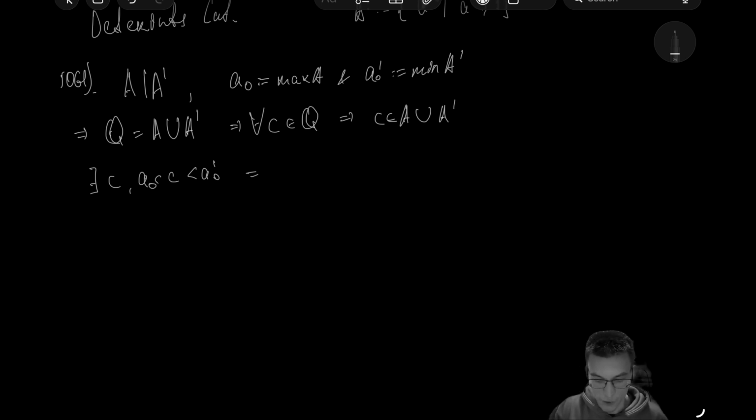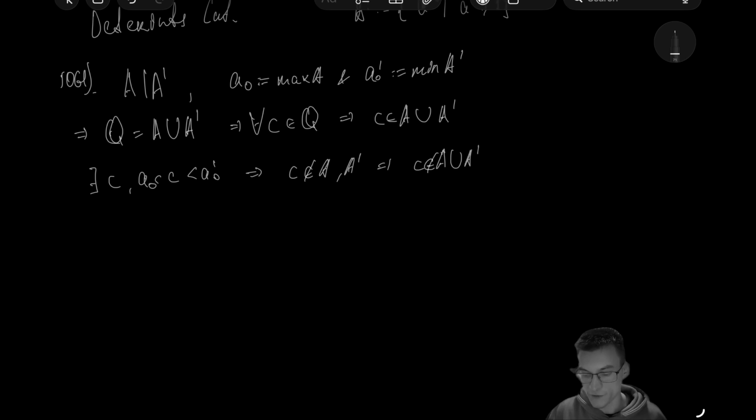So it doesn't belong to a or a prime. But this is a contradiction. That means that c doesn't belong to a union a prime. That being said, it is not possible that both classes in our cut have a maximum and a minimum element. They should have either one, right?